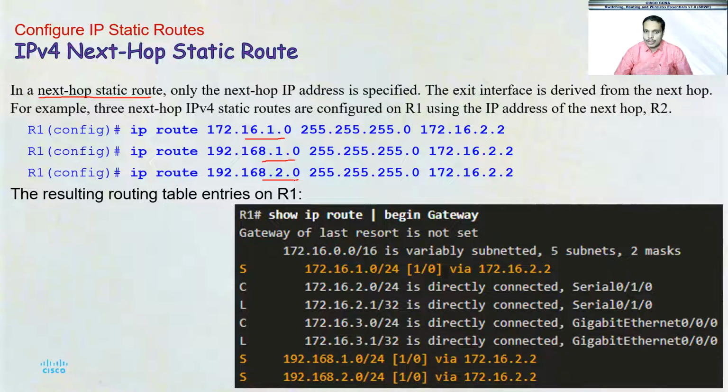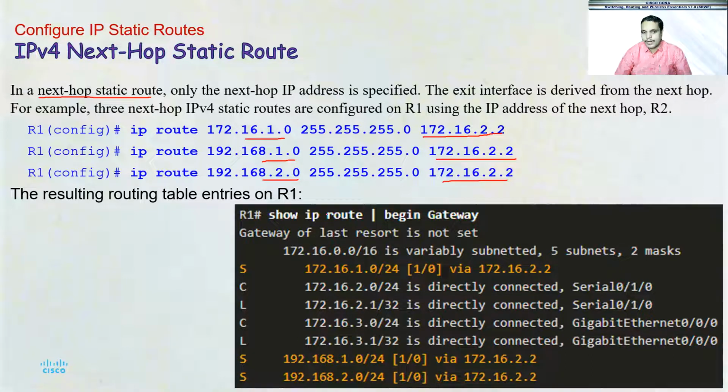I'm specifying a way so that the packets destined for these networks should take this path, and I'm only specifying the next hop IP address. So I simply need to put in ip route, the addresses of the three remote networks along with their subnet masks, and then finally the next hop IP address. This is called a next hop static route.